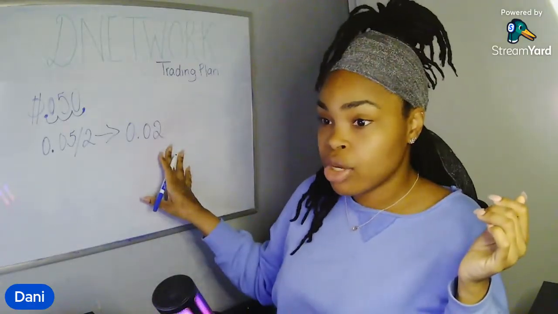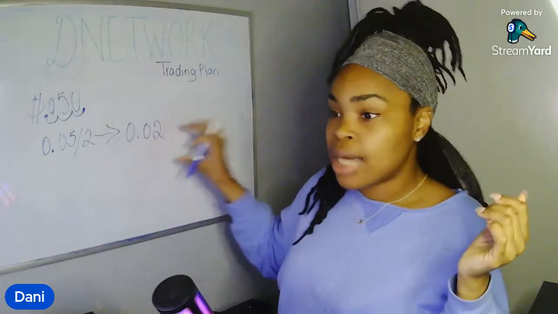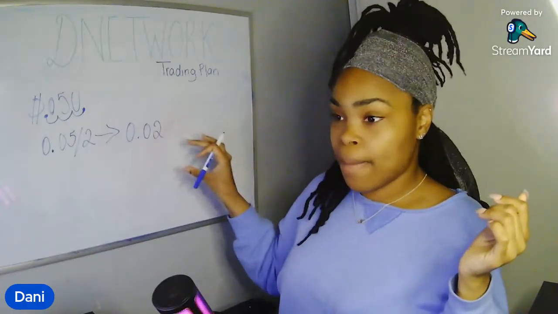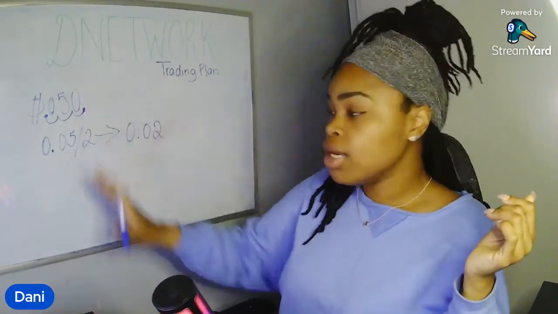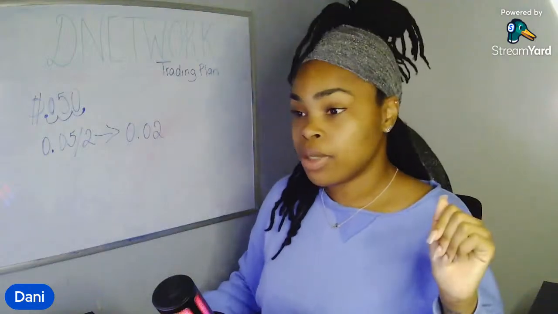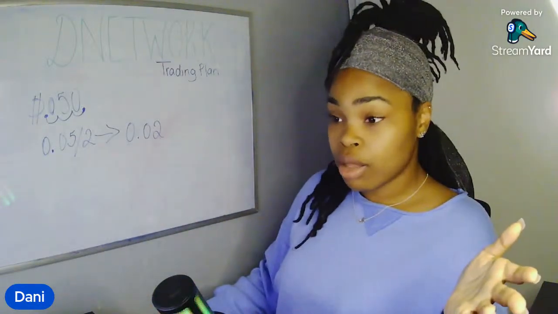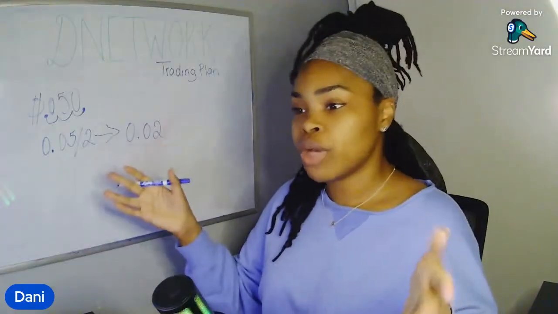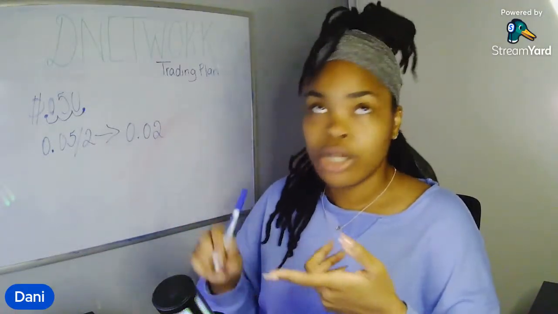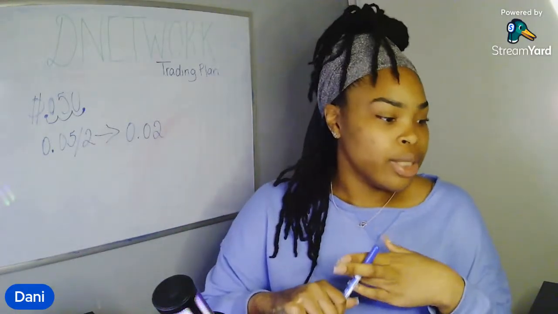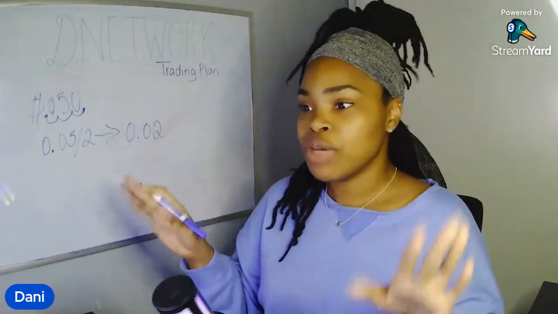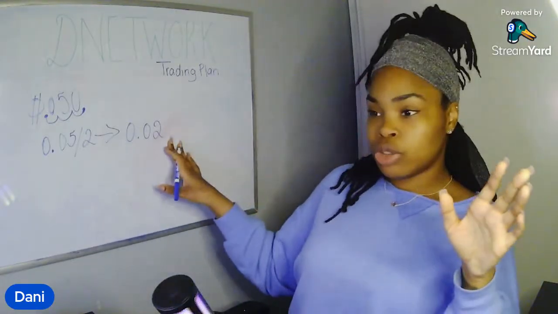That's your half. You do not exceed this lot size for the day with your $50 account. If you're trading a currency like a GBP USD, you're going to either have a 0.01 on the trade or 0.02, and you're not going to enter in again. 0.02 is the highest.